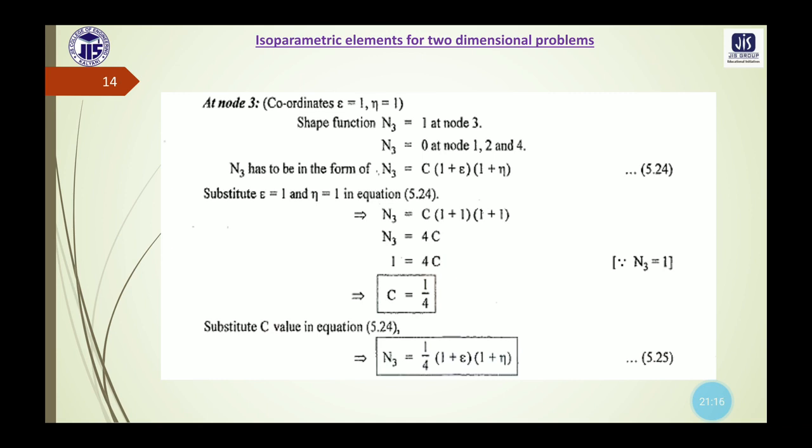If we put the value of epsilon and eta in this representation of N3 in equation number 5.24, then after several steps we get C equal to 1 by 4. So again the value of N3 is 1 by 4, (1 plus epsilon) into (1 plus eta), as equation number 5.25.